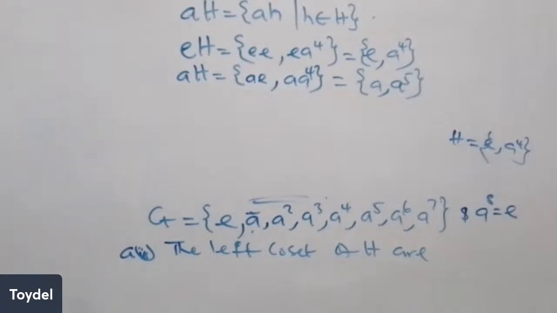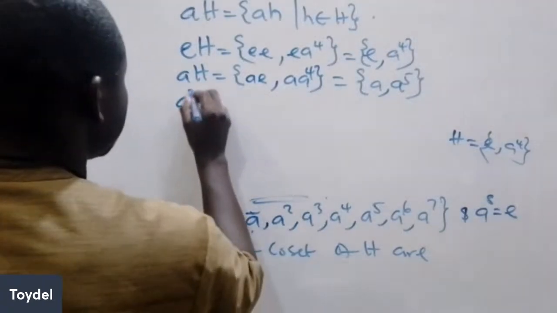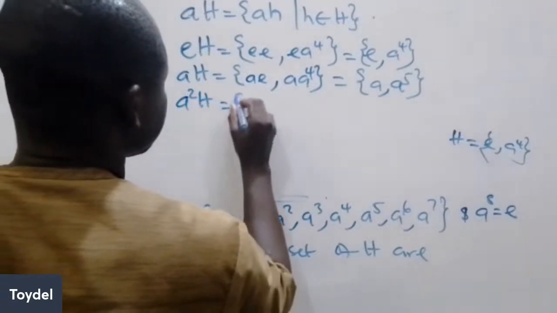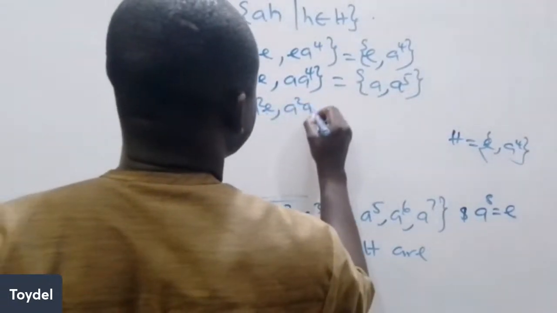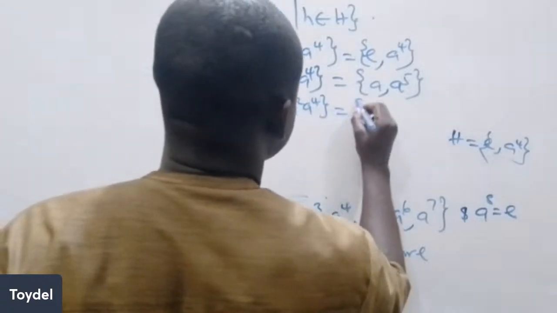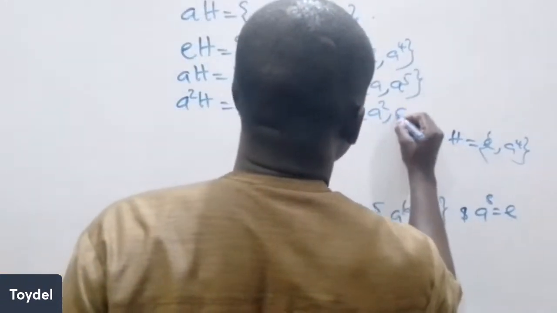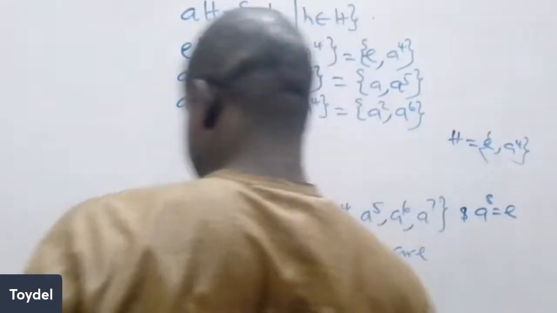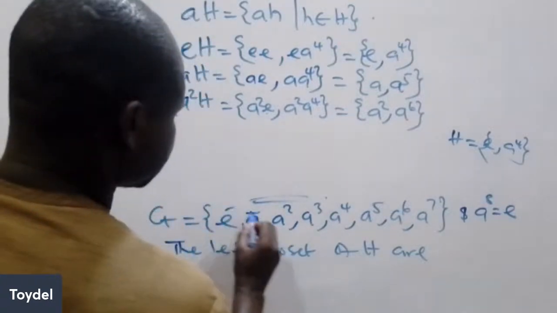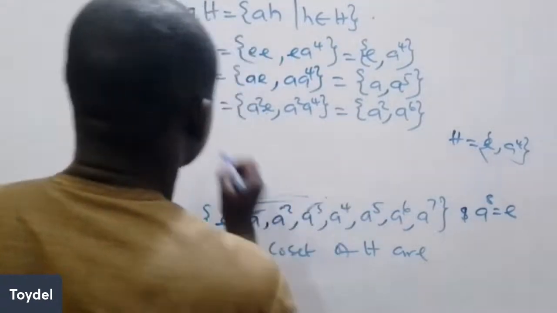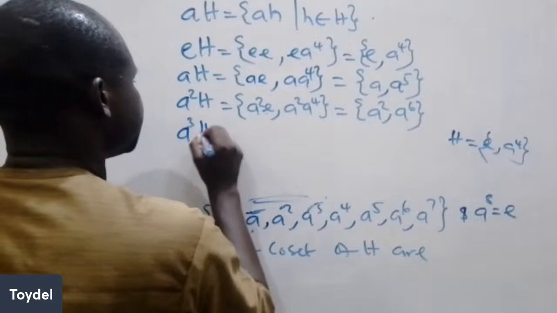Then A squared H: we are going to have A squared E, comma, A squared A4, and this will give me A squared, comma, A raised to power 6. Please look at it very well. If there are questions, you ask so that I can sort it out. This is the first, second, third. We go to the fourth one now, A cubed H.